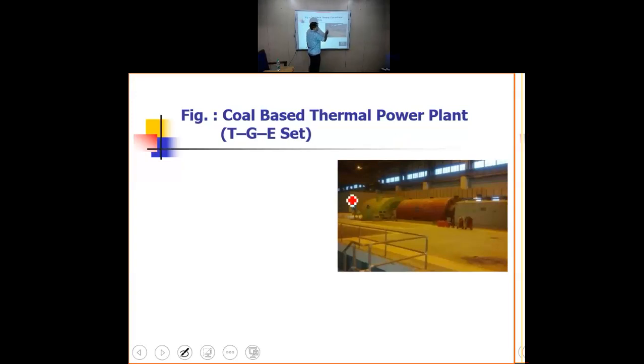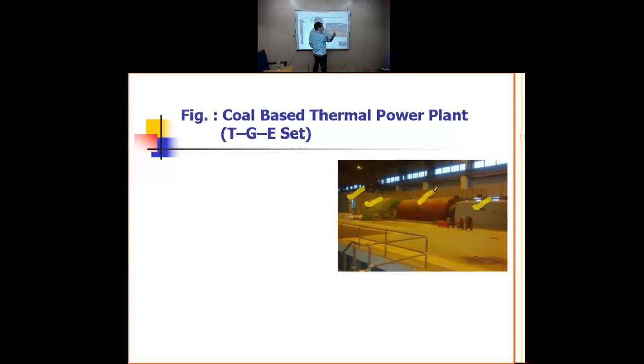This is the turbine housing, this is the turbine, that is the mechanical input, and this is the exciter, that means the system to provide the DC power to the generator, and this is the generator.